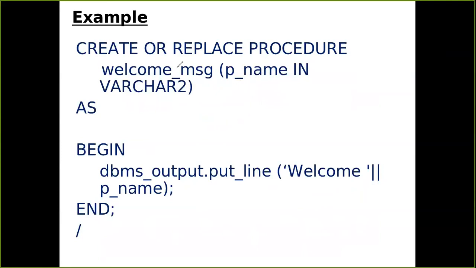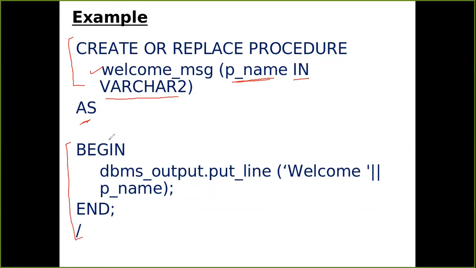So this is an example of creating a procedure. I will create a procedure welcome message that will accept one variable and print that variable on the monitor. So I will create or replace procedure welcome message which accepts one argument. P name is the name of the argument, in is a keyword, and the data type is varchar2. So this is the header part before AS, and this is the body part.